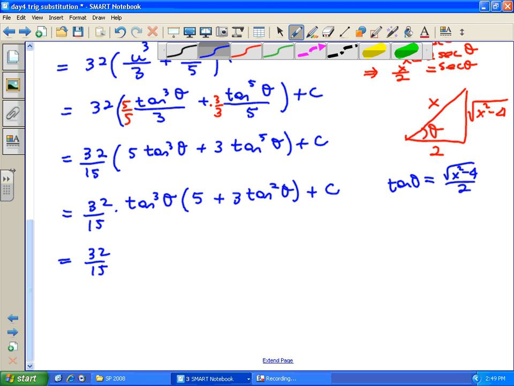Okay, tangent cube will be x squared minus 4 in square root sign to the third power. That is the same thing as this quantity to the 3/2, but tangent theta also had a 2 on the bottom. Cubing that, you get an 8.